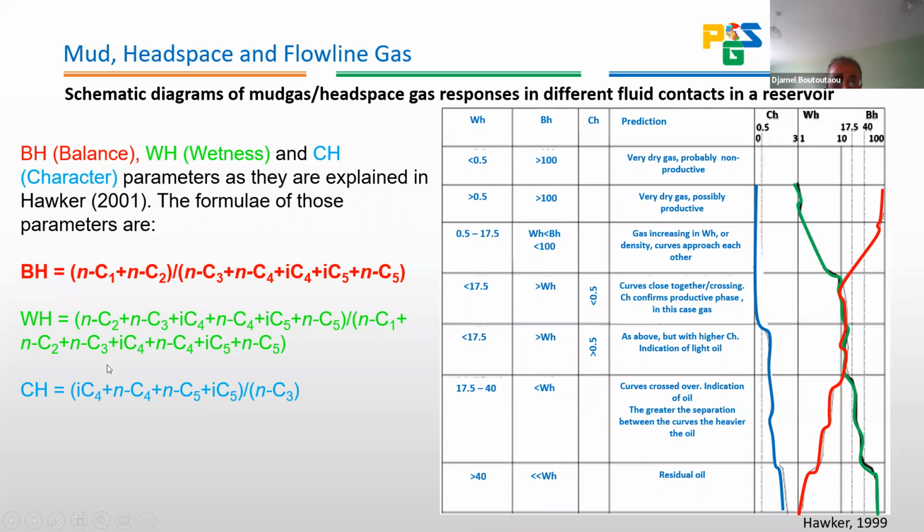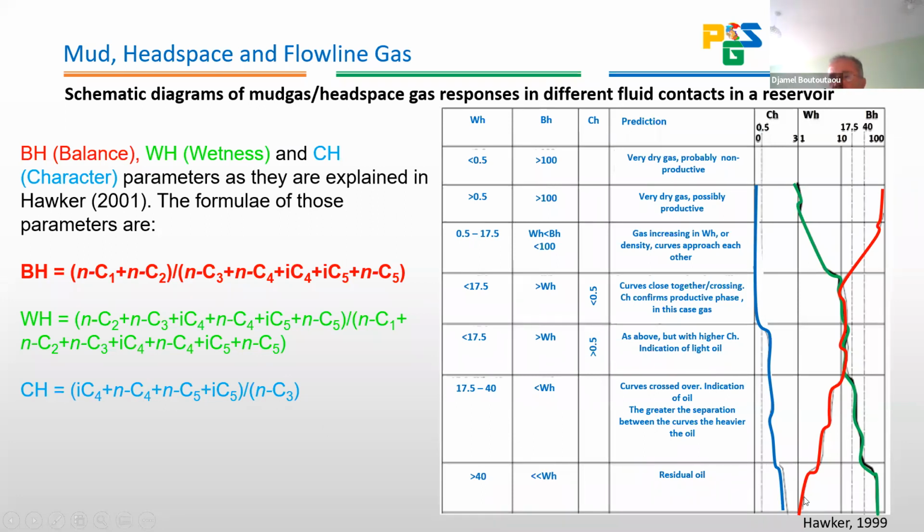That means the heavy gas components are dominating over the lighter ones. This is because we have oil. In gas zones, we don't have this heavy component. The minute we start to hit an oil accumulation or condensate accumulation, the gas character increases.